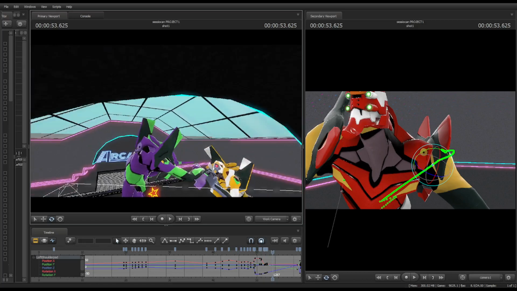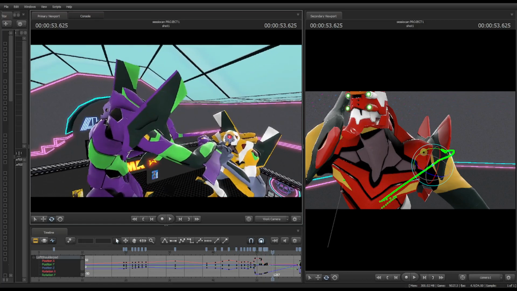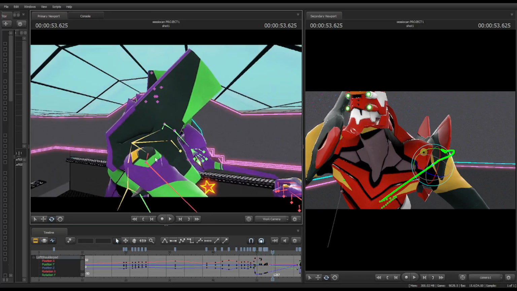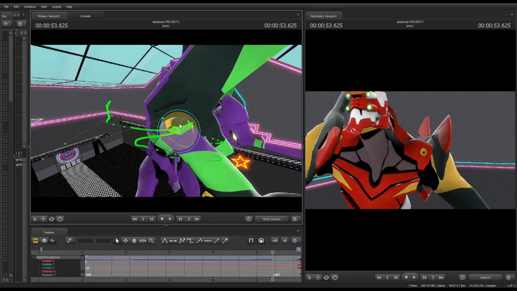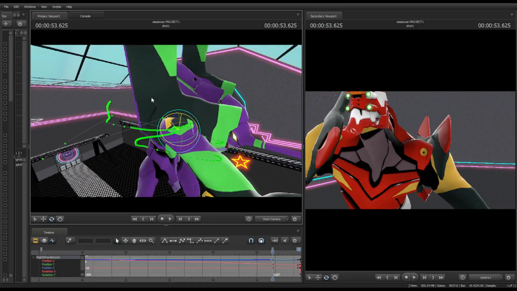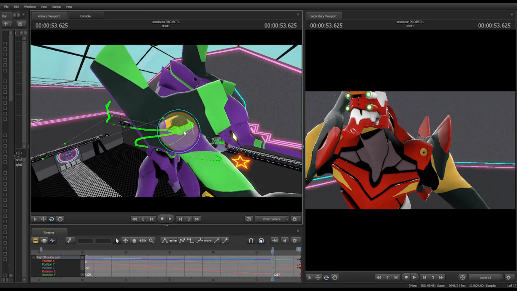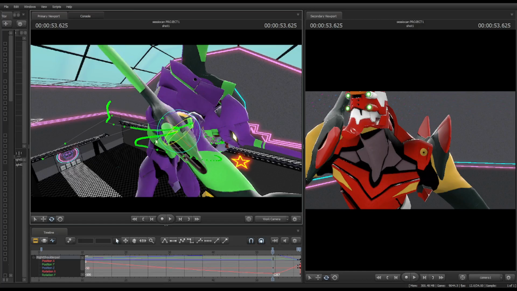Go. How does the rest of this look? Need to readjust her shoulder now. Oh dear. No, wrong way.